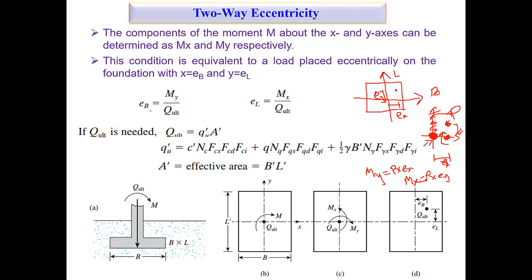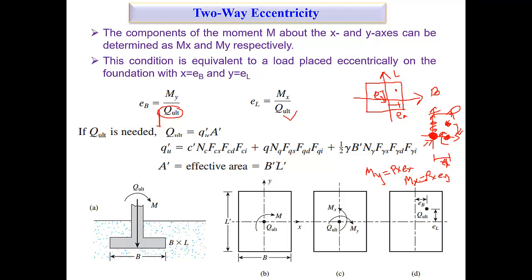While we consider the eccentricity for the width direction, the width of the foundation or footing, at that time we consider Q ultimate, and this is the load. You can consider this as P also, but in geotechnical engineering or foundation engineering we call it Q ultimate. Capital Q is for the load, smaller q is for the soil stress. In a similar way you can consider for the L direction, that is your y direction. At that time, the moment with respect to x. Is it okay?